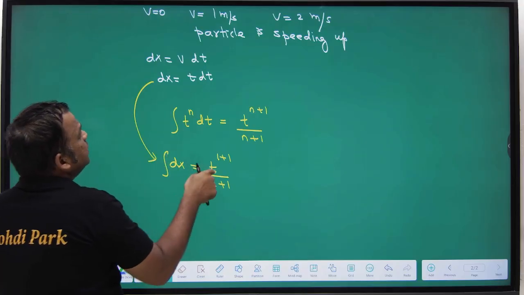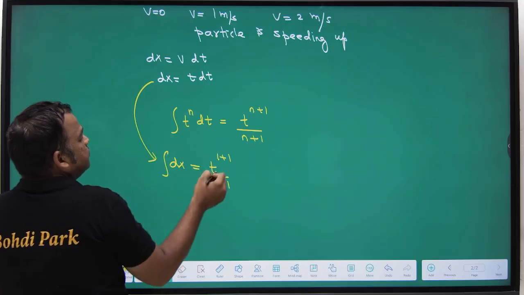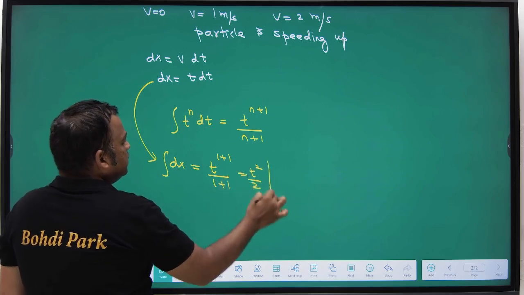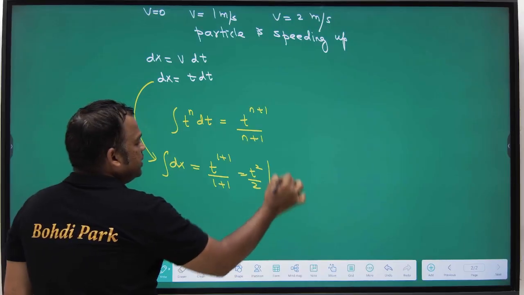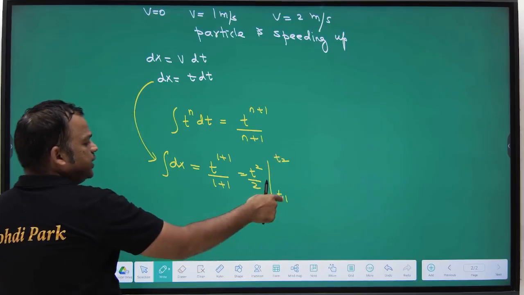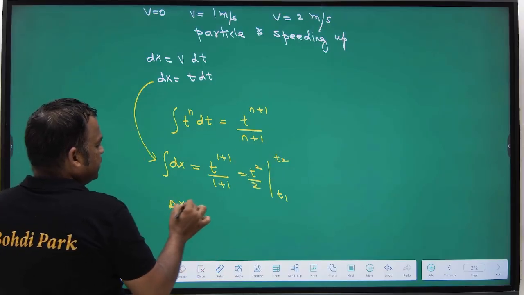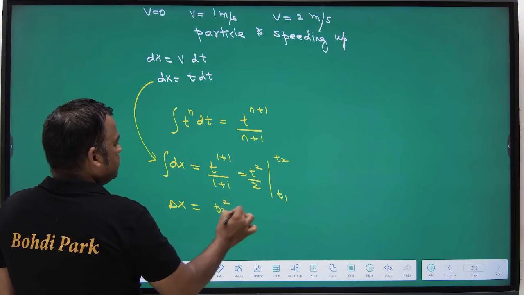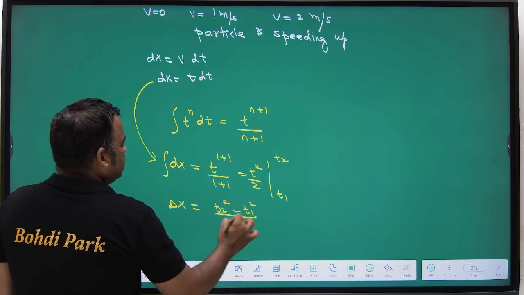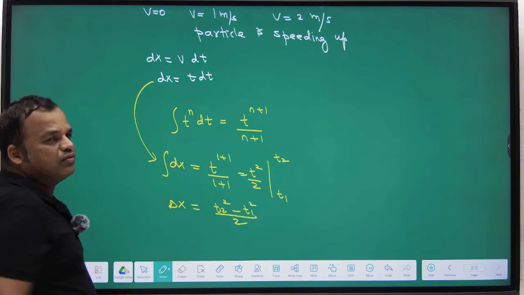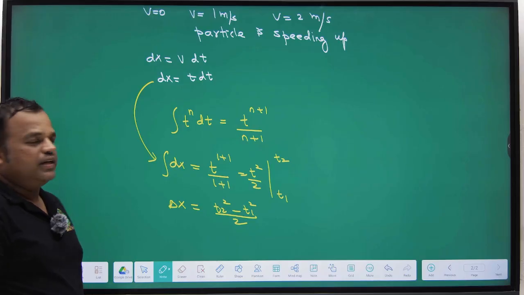Integration of dx will be t raised to 1 plus 1 by 1 plus 1, and this is t square by 2. Then we will put the limit t1 to t2. Initial value of time is t1, final value of time is t2. So we have delta x is equal to t2 square minus t1 square divided by 2. So this is how we calculate displacement.